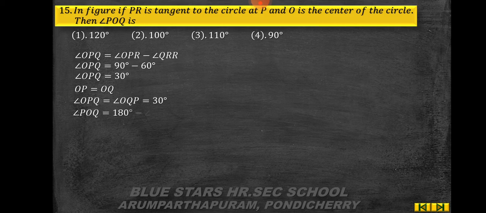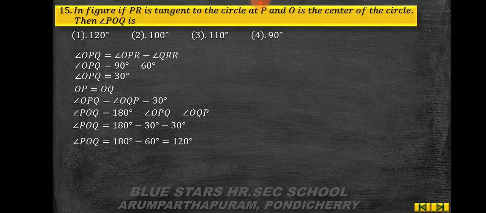So angle POQ is equal to 180 degree minus angle OPQ minus angle OQP, which is equal to 180 degree minus 30 degree minus 30 degree, which is equal to 180 degree minus 60 degree, which is equal to 120 degree.